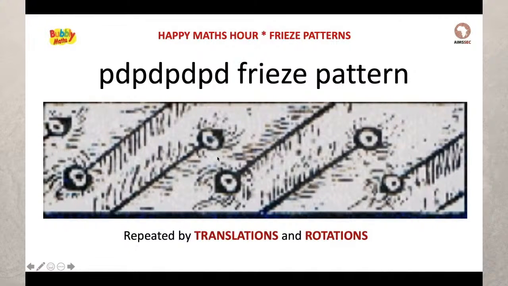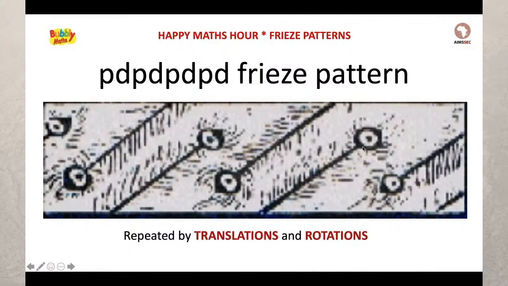So there are no reflections here. There are only rotations. Oh, I thought I could see a reflection. There is a translation, which is why it's sliding.